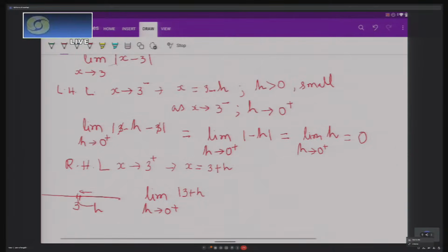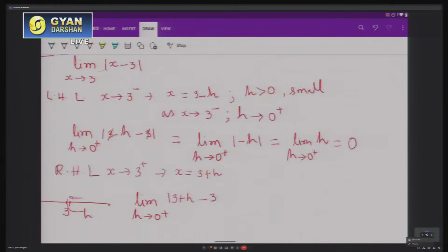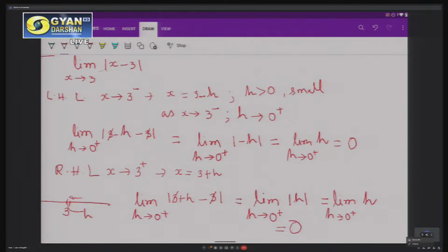The function is x minus 3, so 3 plus h minus 3, which will be equal to limit h tends to 0 plus, and these will be cancelled out, so it will be mod h, which will be equal to limit h tends to 0 plus h, which will be equal to 0.